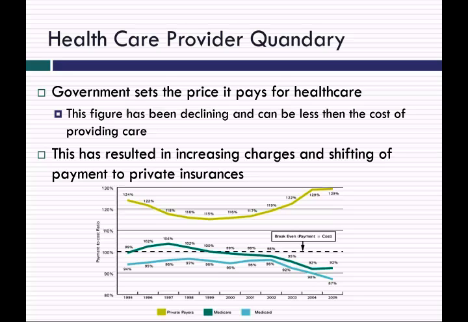And so you can see as the payment of Medicare and Medicaid as governmental programs has decreased, that requires that private insurance begin to increase to shift the payment onto more of the private insurance companies.